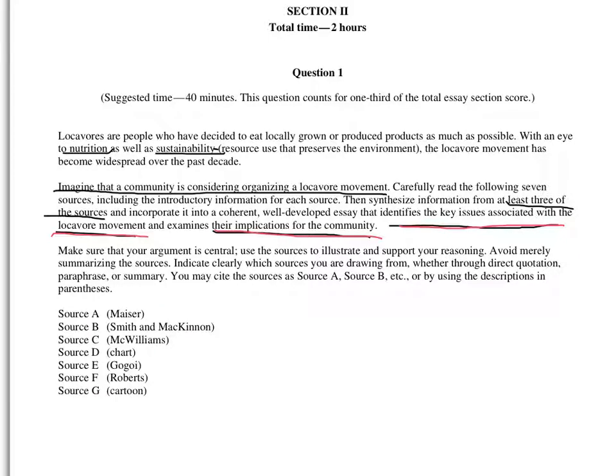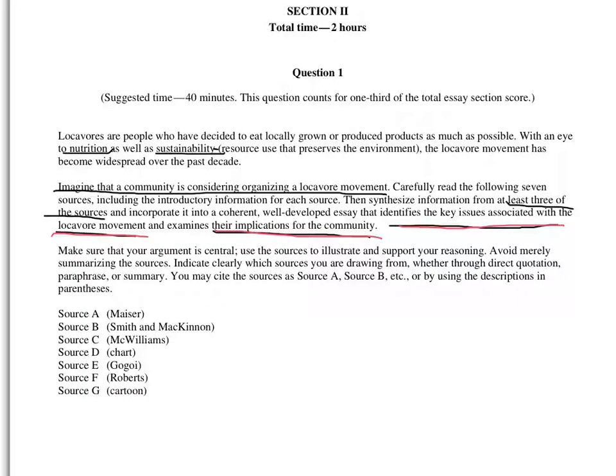And ultimately, you need to decide whether the locavore movement is a positive thing and something that will benefit a community, or whether it is implausible and something in which the costs far outweigh the benefits. So in other words, when we strip it down, ultimately, you are either going to agree with the notion that the locavore movement is a positive one, or you are going to disagree.